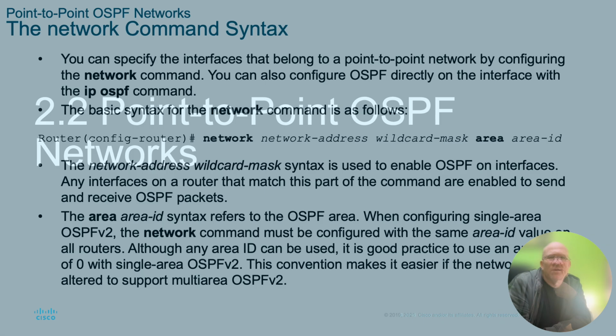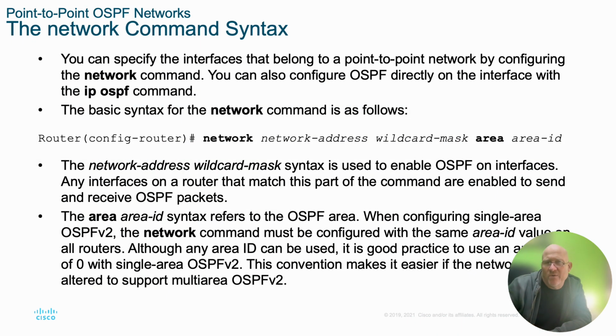In point-to-point, there are two ways to set up the network command, and the network command is used to tell the OSPF process where it's going to broadcast hellos and LSAs. Now you could do it network 192.168.0.0, wildcard mask 0.0.0.255, area 1 or area 0.